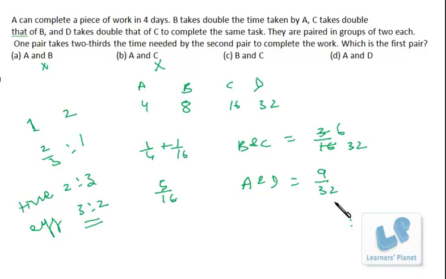So the efficiency of A and D is more than B and C. The ratio is 9:6, that is 3:2. That means A and D is the first pair, who are taking 2/3 the time of B and C. I hope you are clear.